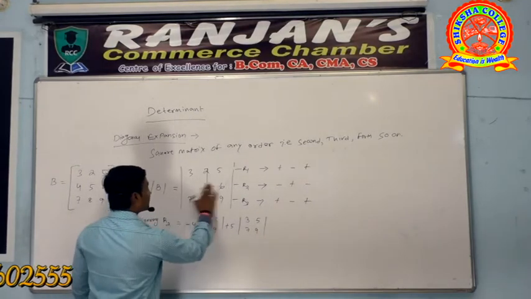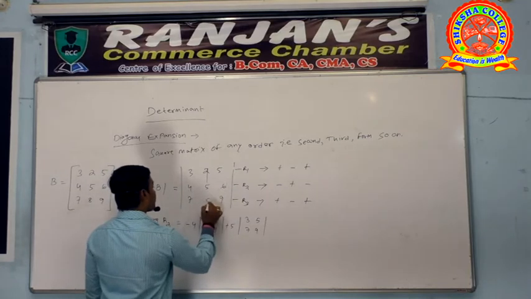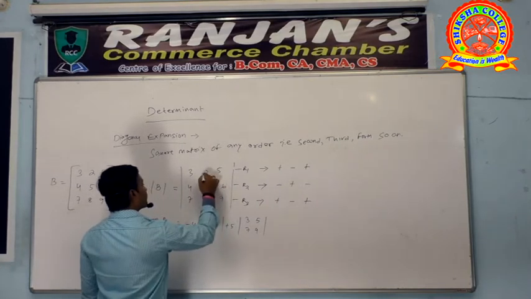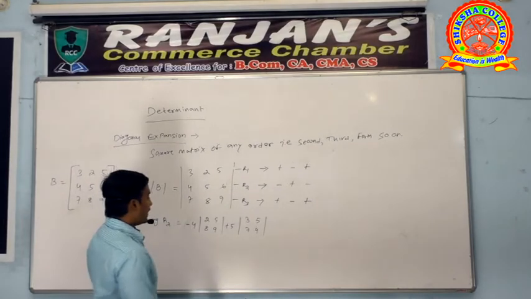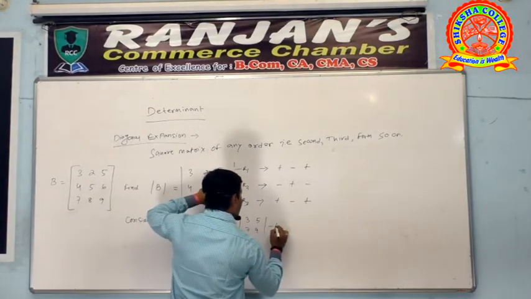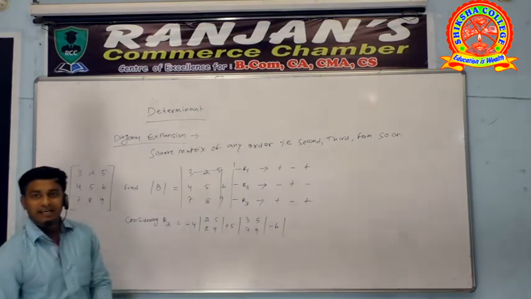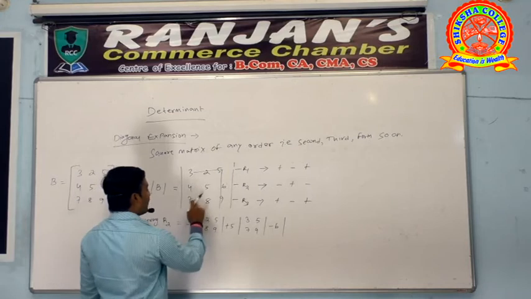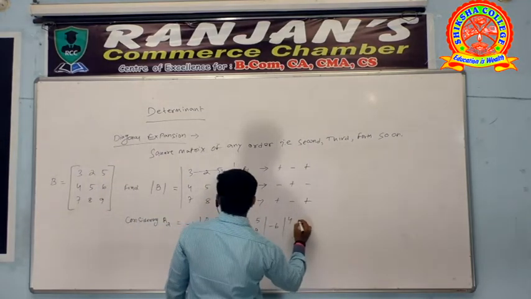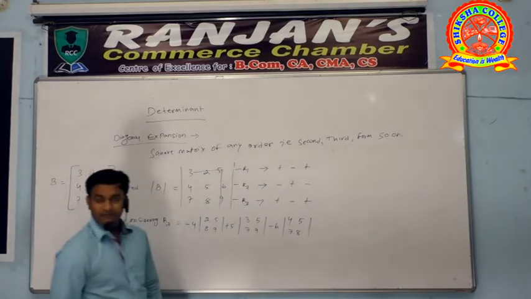Okay? Clear, students? Now 6, that is the minus symbol for 6. So minus 6 into, now delete the row and column considering 6. Now what is left? 4, 5, 7, 8. Okay?